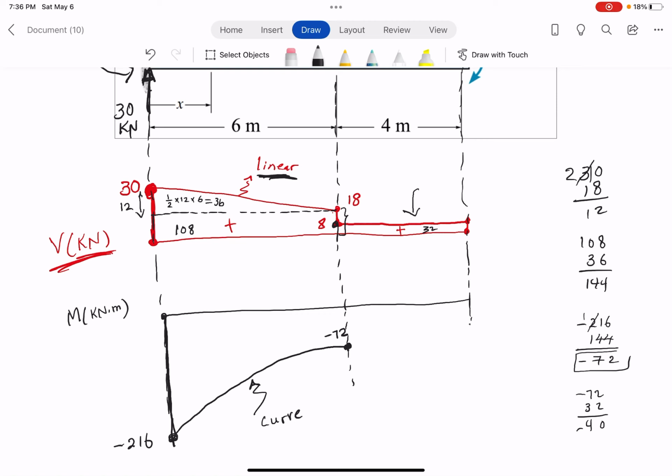It's going to be linear still. And the answer here is minus 40. Look at the moment, all negative, and this is linear.